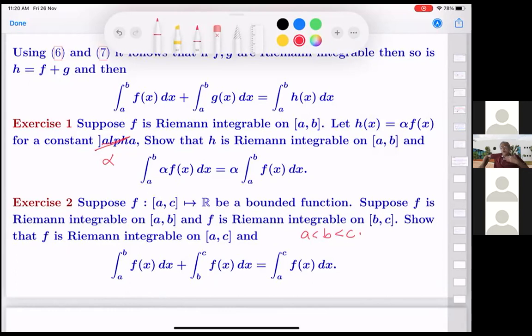And it can be proved, can be written in many different ways. You separately argue for upper bounds and lower bounds and show that the upper bound for A to C is equal to the sum of these two upper bounds, similarly lower bounds.